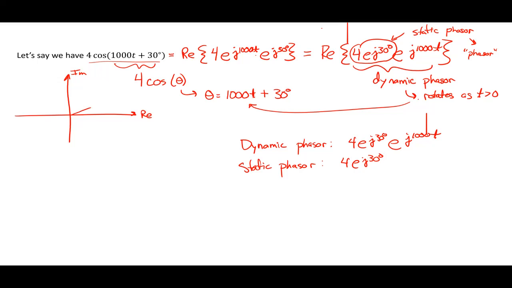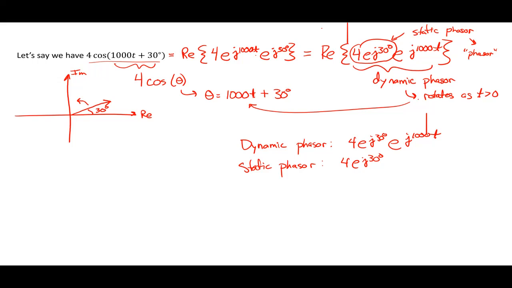So I would sketch that like this. This angle is 30 degrees. The dynamic phasor would sit on top of that and then rotate as time advances.